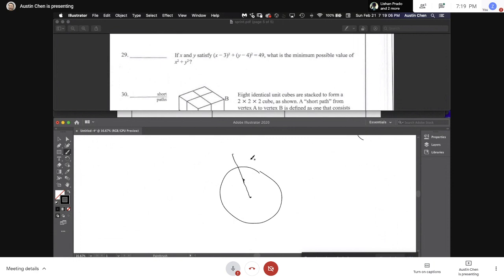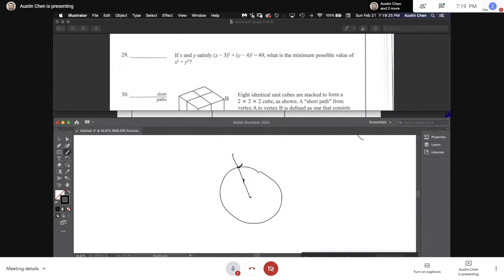The point is going to be on this line, and it's going to intersect with the circle here. This point is going to be the closest point on the circle to this point, right? That should be obvious just by symmetry, right?